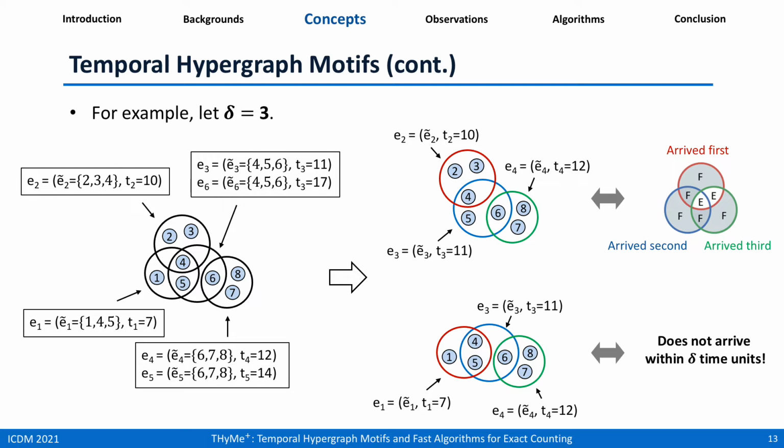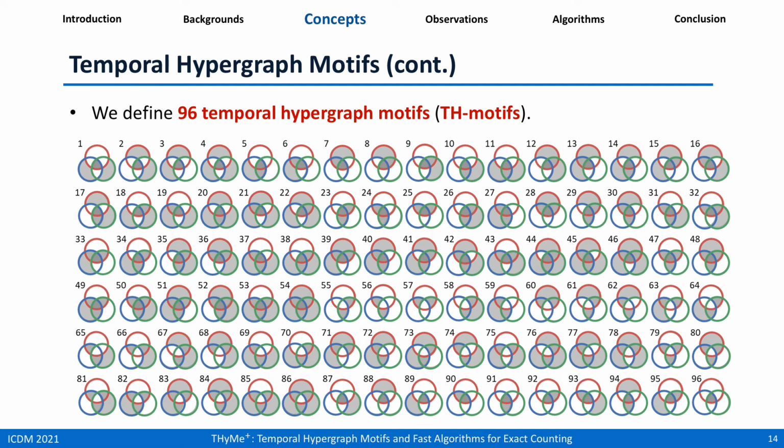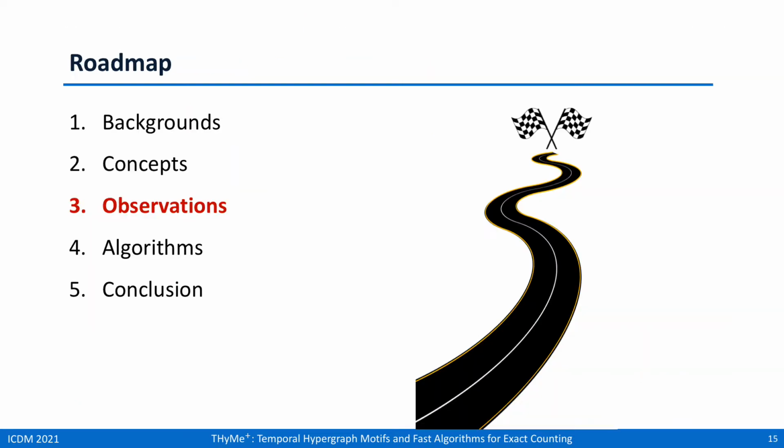This means that TH-motifs capture both structurally and temporally local information of the temporal hypergraph. There are 96 TH-motifs, which are distinguished by the emptiness of the 7 subsets and the orders of the temporal hyperedges.